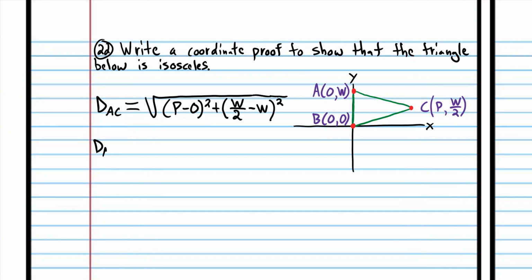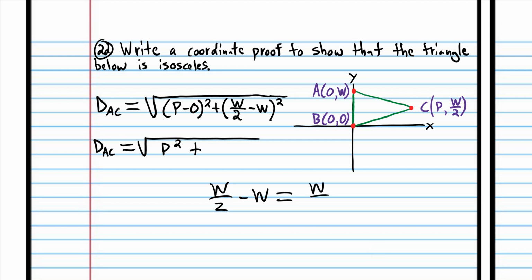All right, so P minus 0 is obviously just P. And this is the part where students are going to have a lot of trouble. W over 2 minus W, it's really an easy calculation. You're just taking 1/2 and subtracting 1, so it's obviously going to be negative 1/2 W.